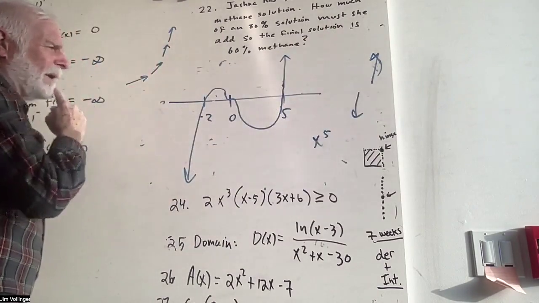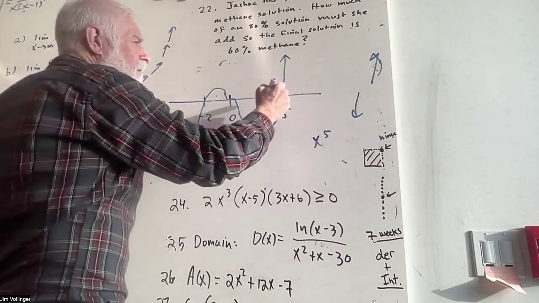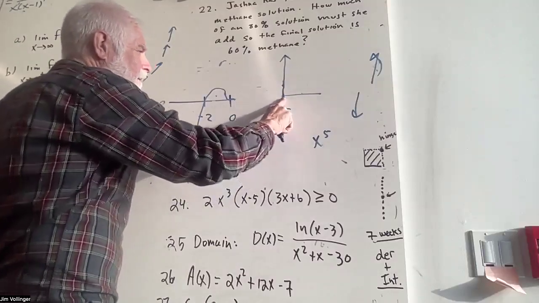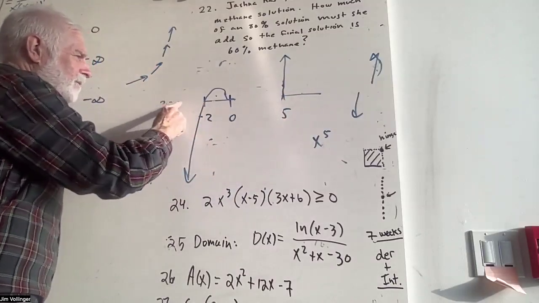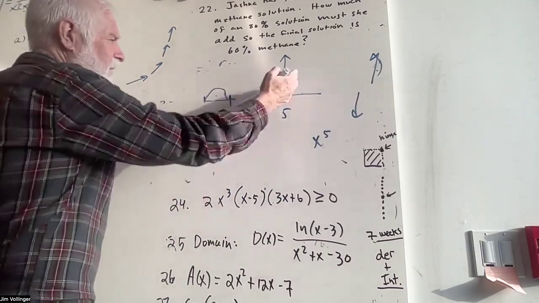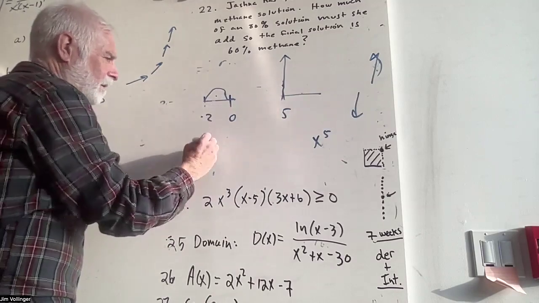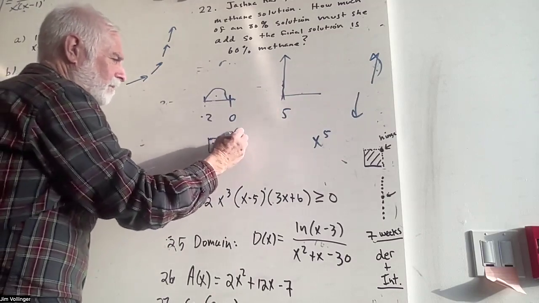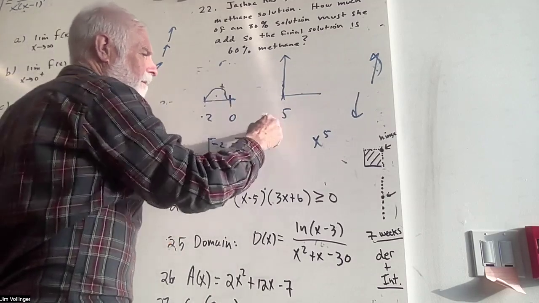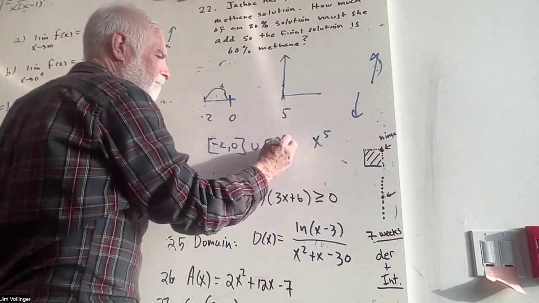All right, where am I greater than 0? All of these values produce negatives. These produce negatives. So when am I bigger than 0 or equal? -2 to 0 gets me positive y values, and 5 to infinity.